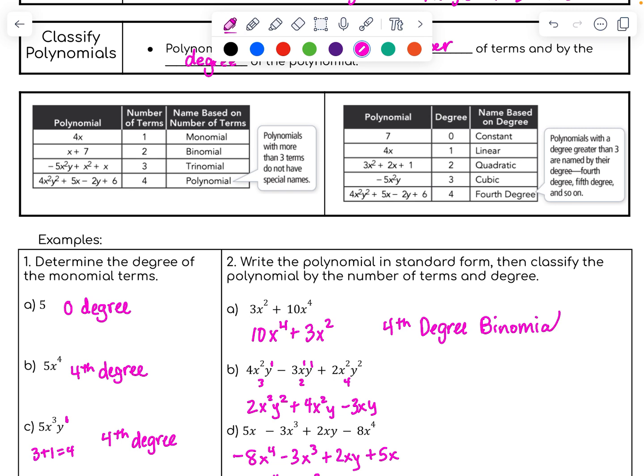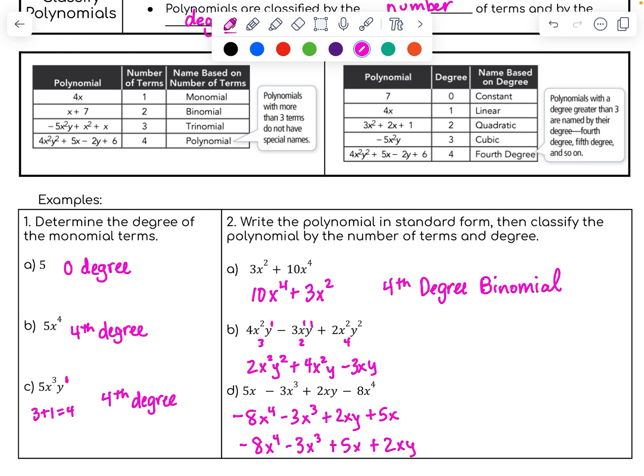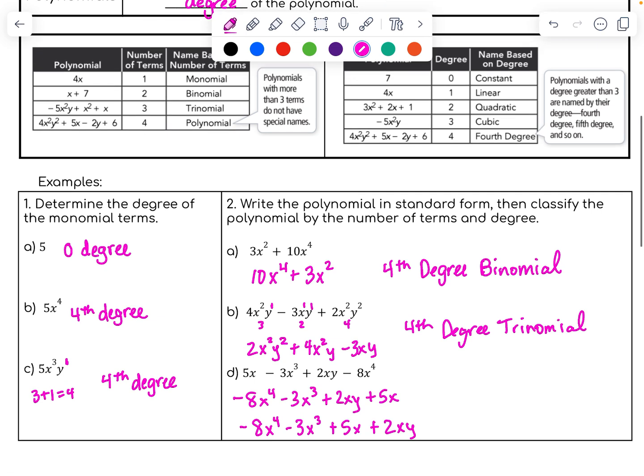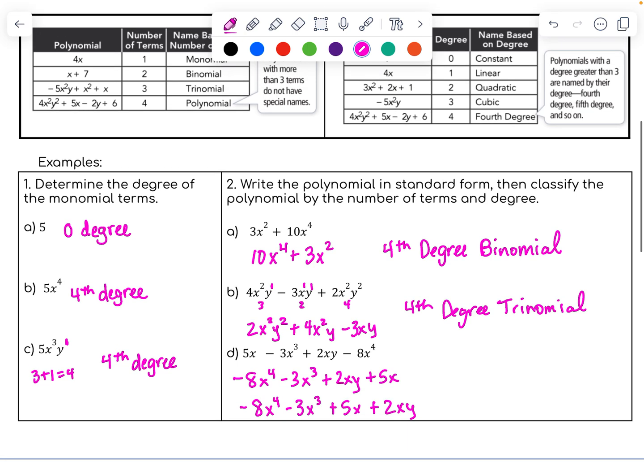Now, if you look at our next one, we had a largest degree of 4 again, so this would be a fourth degree trinomial because it has 3 terms. And the last one is just a polynomial that has 4 terms, and again, it's fourth degree. So I don't even know why we're worried about the degree, but you have the chart. So make sure you use the chart to help you in your practices. But this is a fourth degree polynomial.